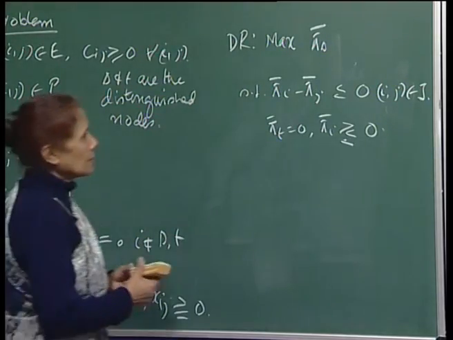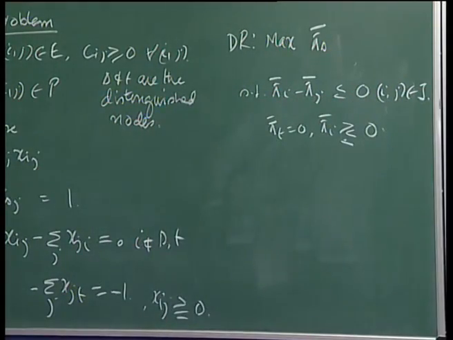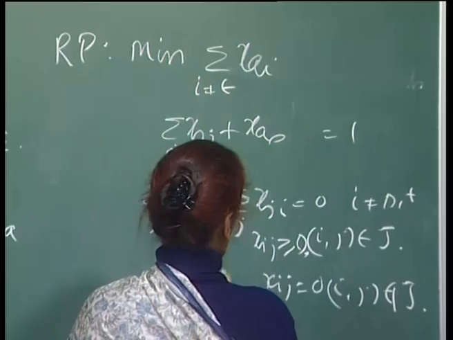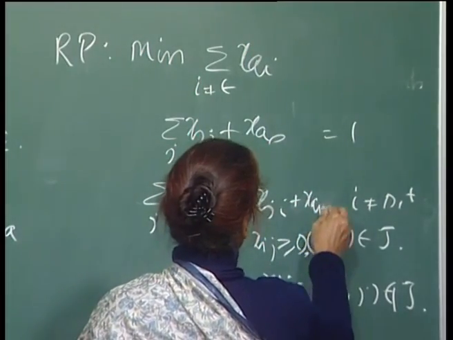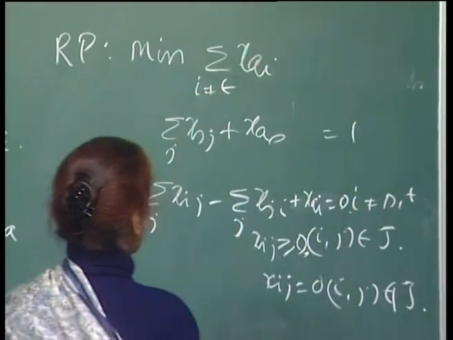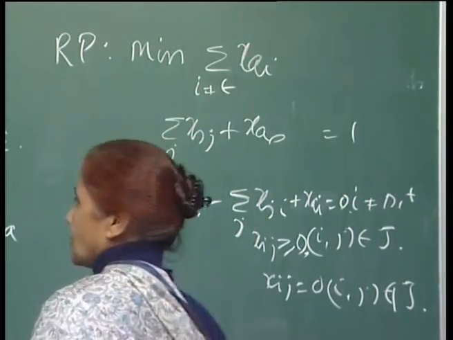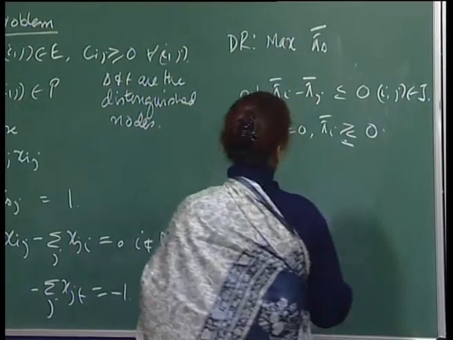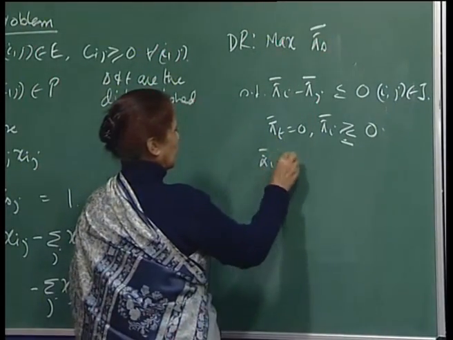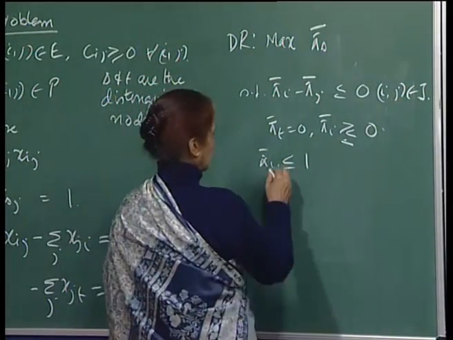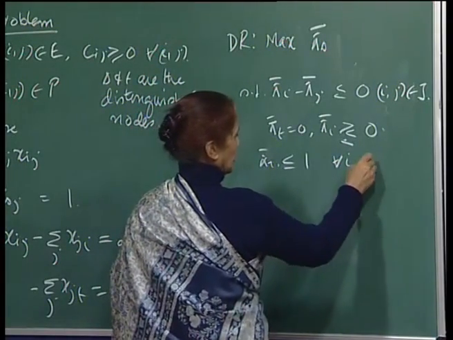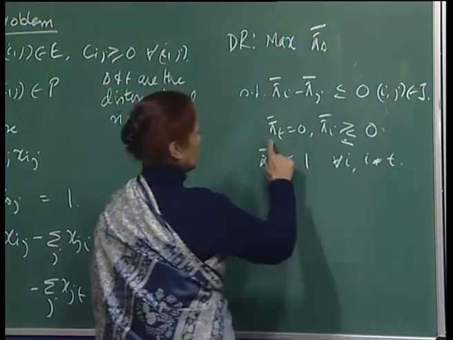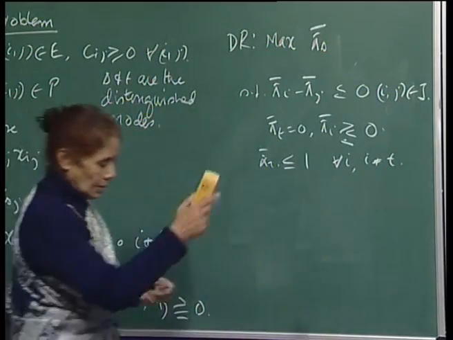There will be something else also. Sorry, there you have to add x a i equal to 0, the dual variable. So now corresponding to these dual variables, it will be pi s bar less than or equal to 1, for all i not equal to t, because pi bar t is 0.